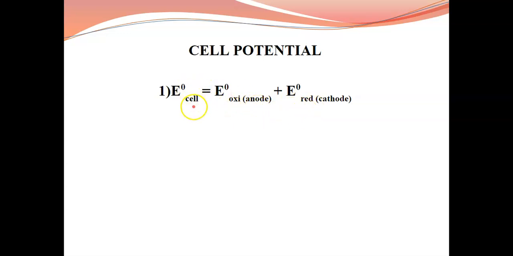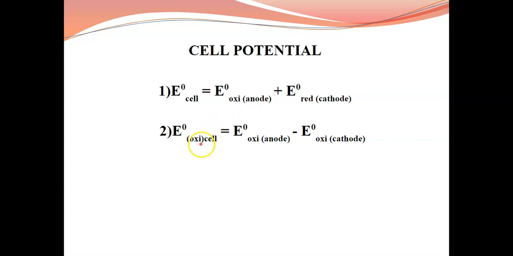So E0 cell means E standard cell, which is the standard potential of the cell, measured under standard conditions of temperature and pressure. It is equal to the oxidation potential at the anode plus the reduction potential at the cathode.